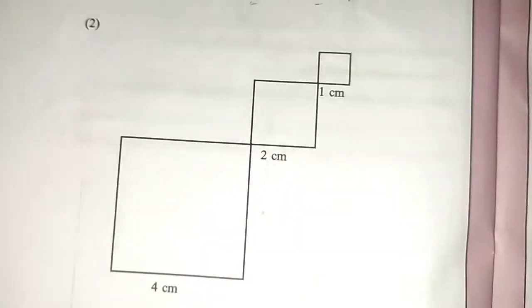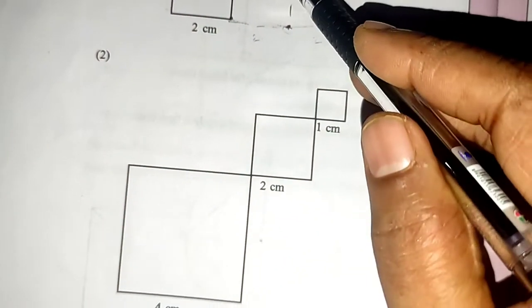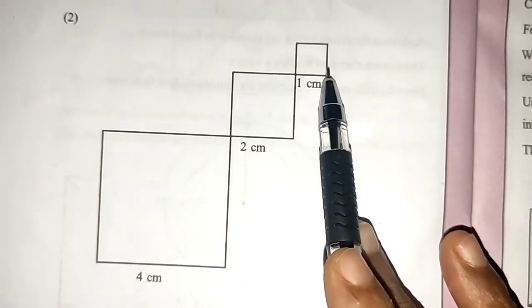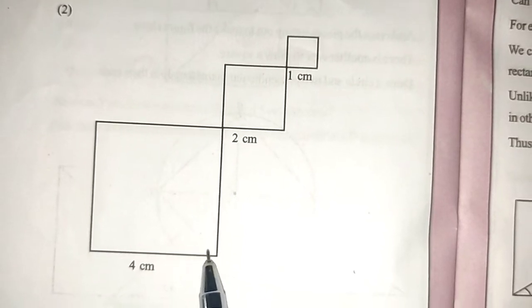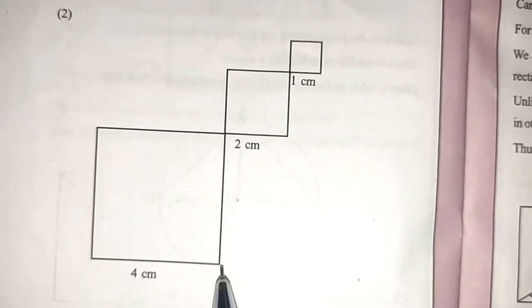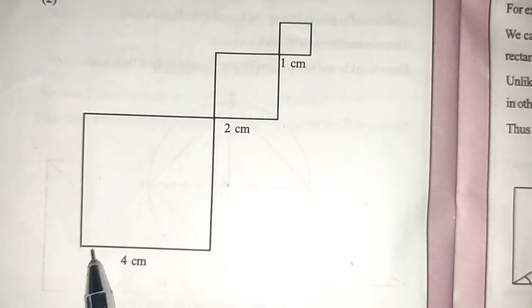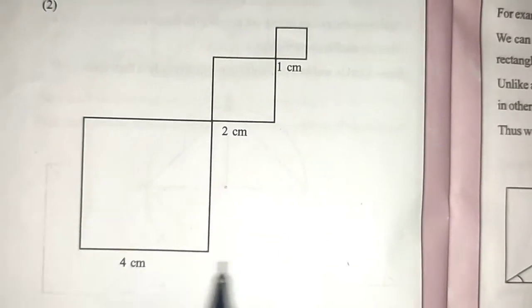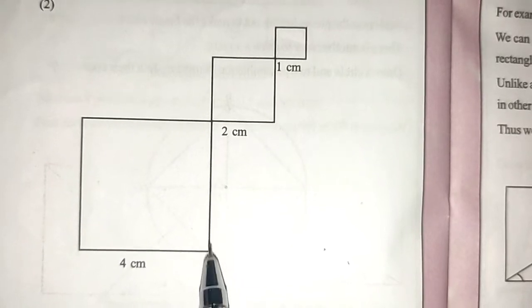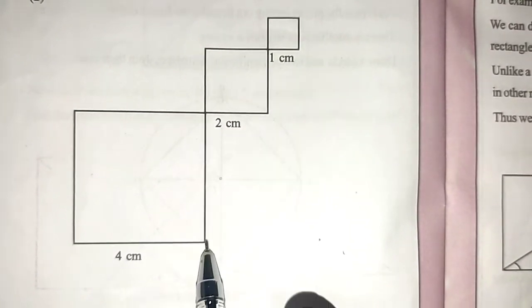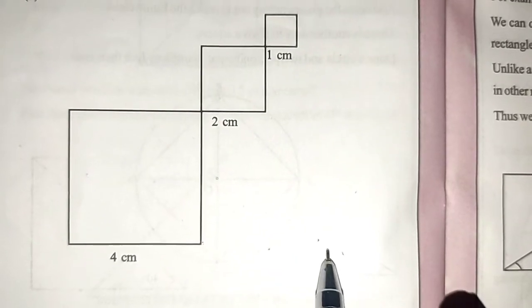And here is also one figure. It is exactly similar to this figure. So draw a square of side 4 plus 2 plus 1, that is 7 centimeters, and divide that square into 3 parts, with lengths 4 centimeters, 2 centimeters, 1 centimeter.